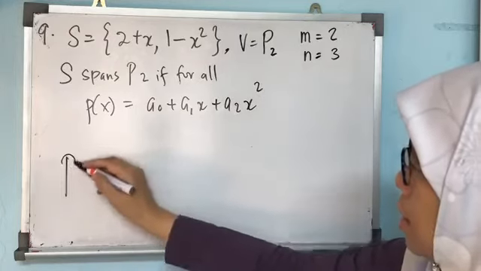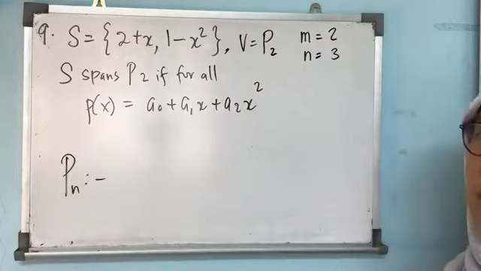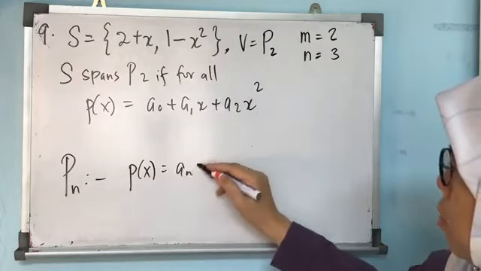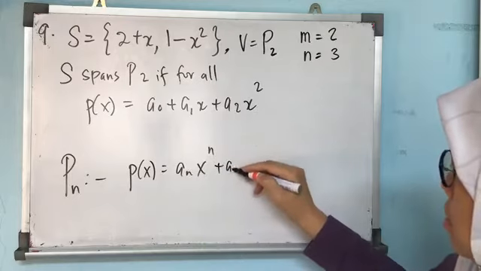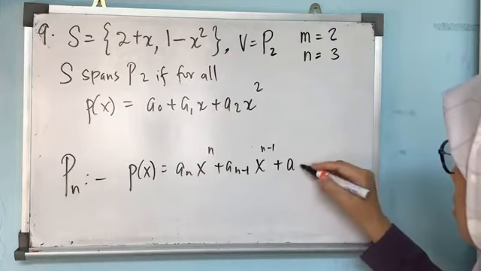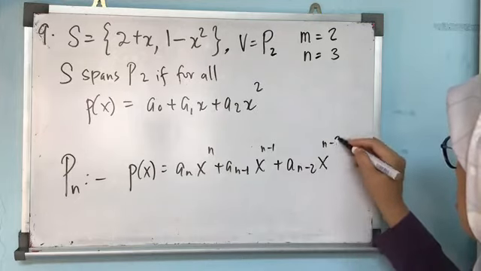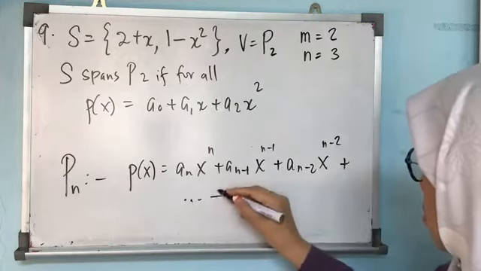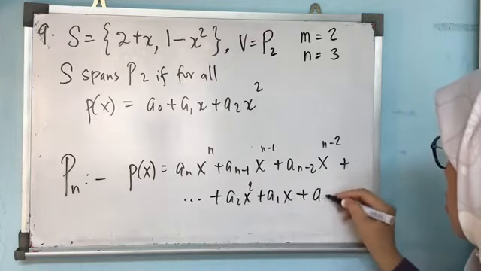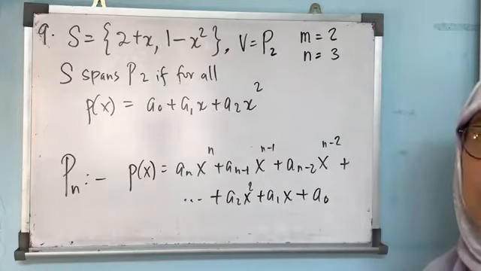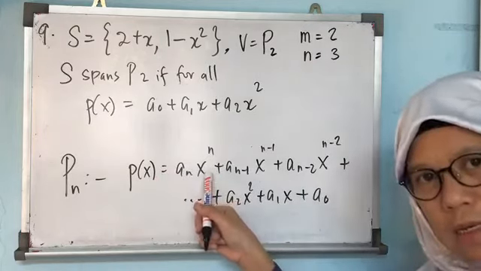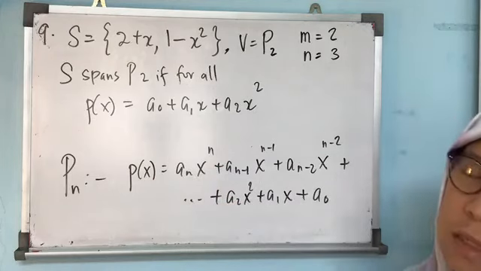You know, any polynomial in Pn is in this form. We normally write P(x) this way, right? Okay, this is in general. Any polynomial with degree n can be written in this form.